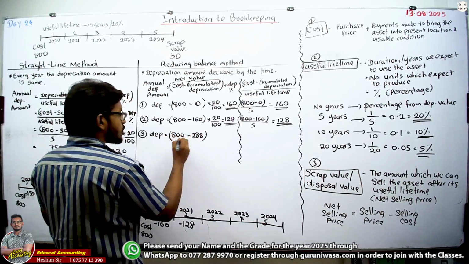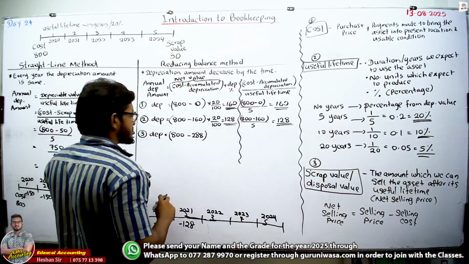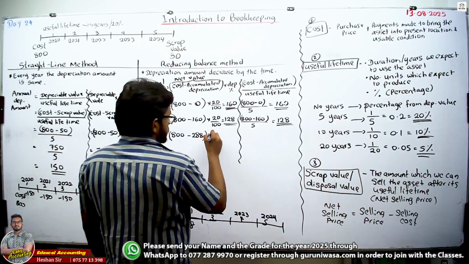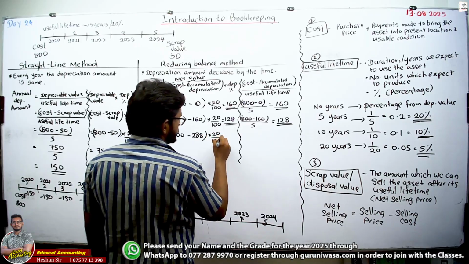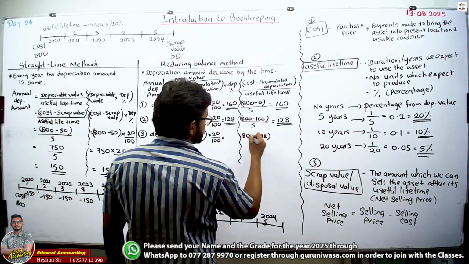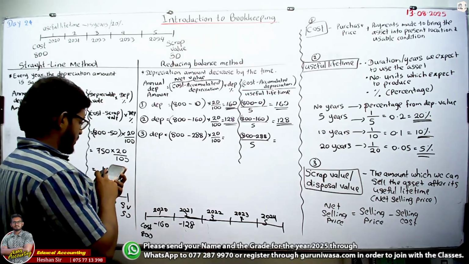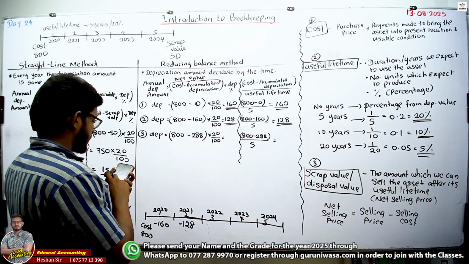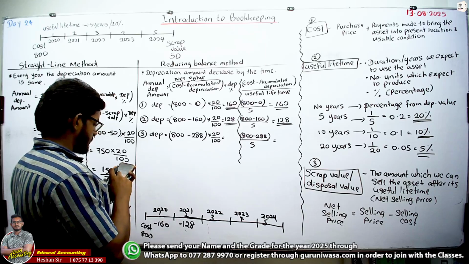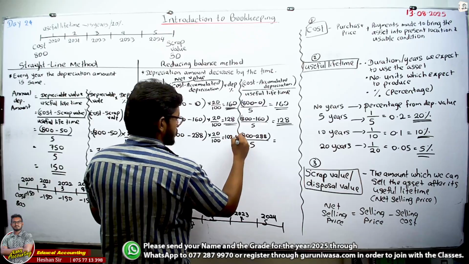Accumulated depreciation means the total of the previous depreciations, right? 20 upon 100, 800,000 minus 288 divided by 5, which is 102.4.